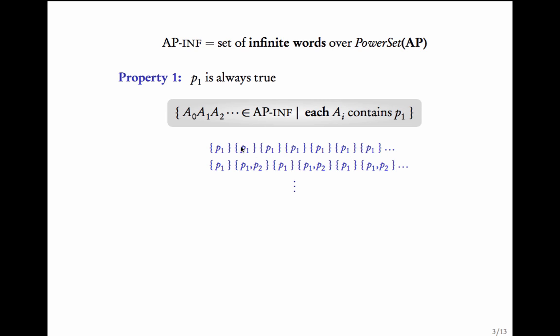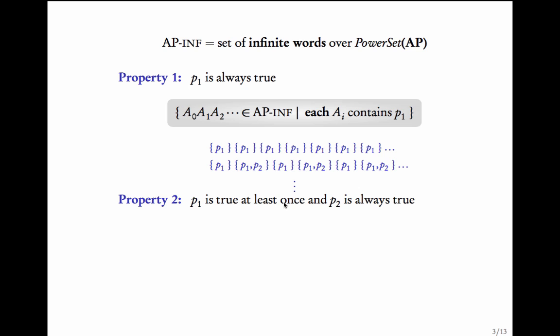Look at this word. Here A0 is the set P1, A1 is P1 again, A2 is P1 again. Each Ai contains P1. So this word satisfies the property. Similarly, this word satisfies the property. Given a property, it is just a set of words that satisfy the property.